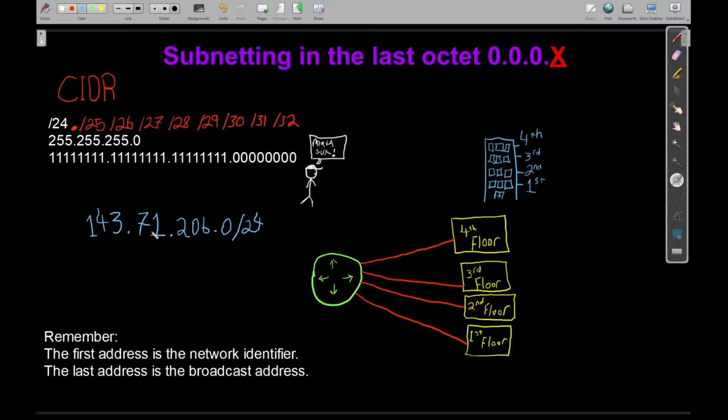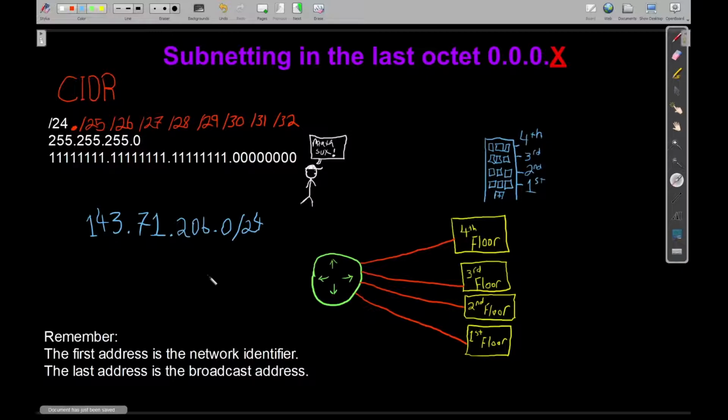And we are using public IP, so we don't want to just use a bunch of addresses that are unneeded and have those unused in networks. So I'm going to show you how to make it easy to do the math to figure out what the different network identifiers and host addresses are.